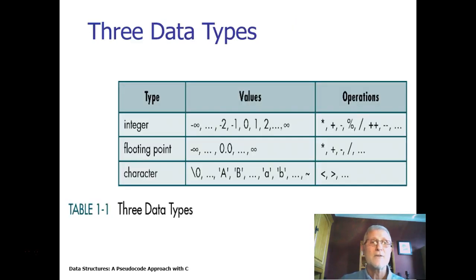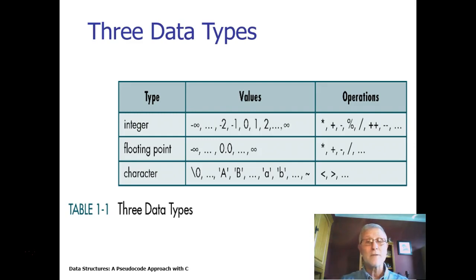Here you've got integer, and I can go from negative infinity all the way up to positive infinity, just the single numbers 0, 1, 2, 3, and so on. What you can perform on an integer are multiplication, addition, subtraction, percentages, division, and so on and so forth. Those are the operations I can perform on those values.